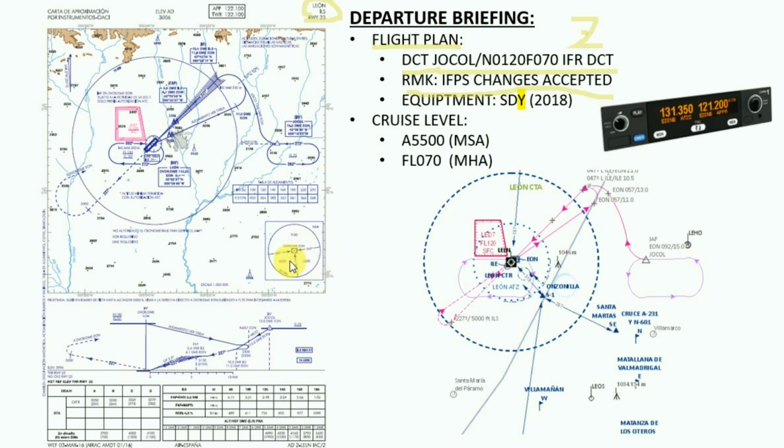We're supposed to be above this altitude, and also the minimum holding for both initial approach fixes, Hokol and Echo Oscar November, will be 070. So we need to take the more restrictive one, and we must stay over the initial approach fix at flight level 070 or above.